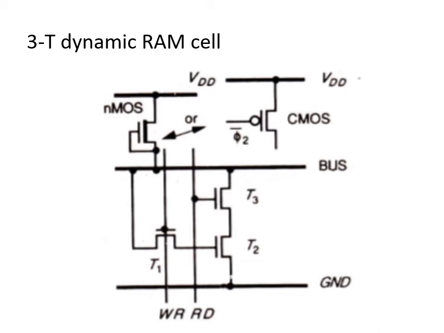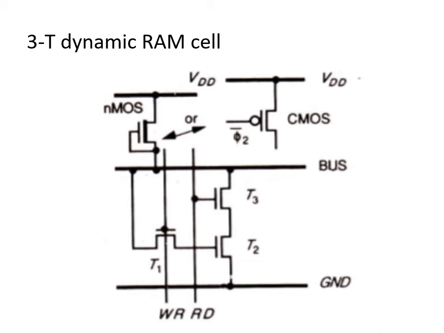Let us see what happens if 1 is stored. Previously, during write operation, if 1 was stored here, because of read control input, because it is 1, T3 will be in on state and T2 will also be in on state.